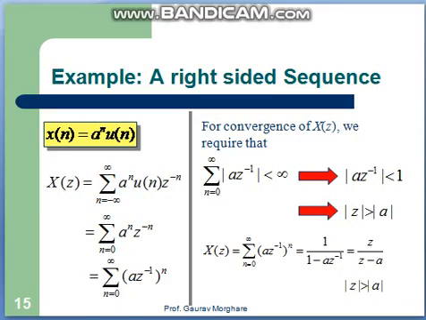A to the power n is the exponential function. As we know, if the value of a is lesser than 1, it will be a decaying exponential, and if the value of a is greater than 1, it will give us a rising exponential.